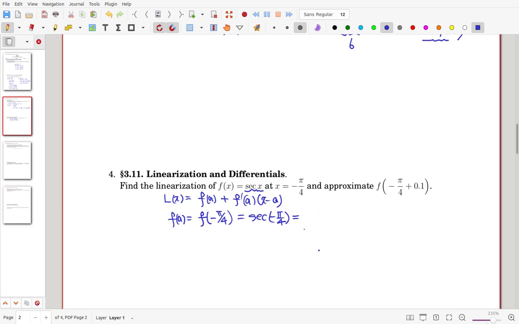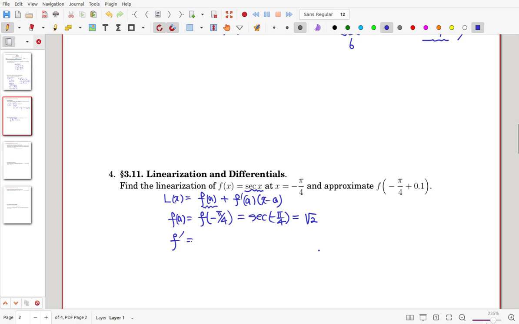Cosine of pi over 4 is 1 over square root of 2, and its reciprocal is square root of 2. So the point is, f of a is given in this way.